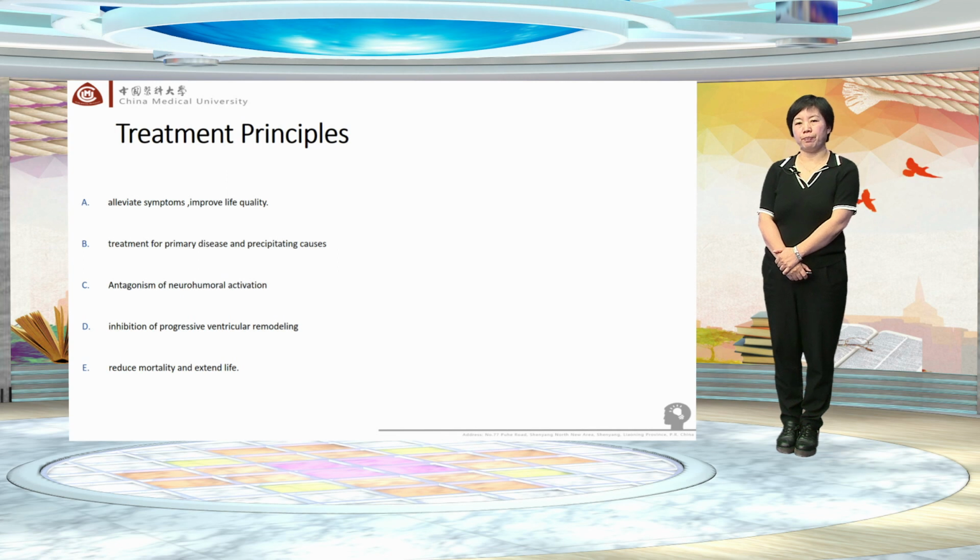At the same time, we need to treat the primary disease which causes heart failure. And we know the mechanisms of heart failure include neurohumoral system problems. So we need to use medication to counter the neurohumoral system activation.